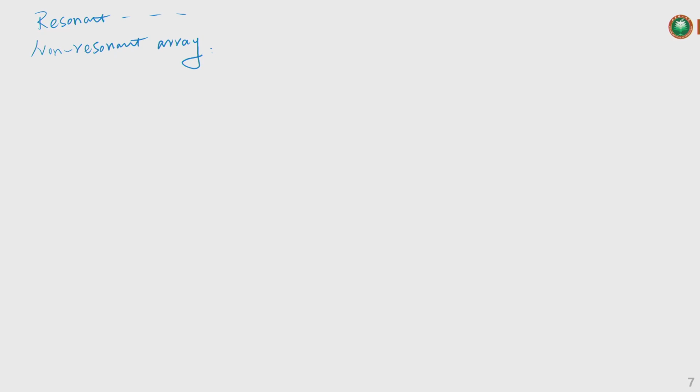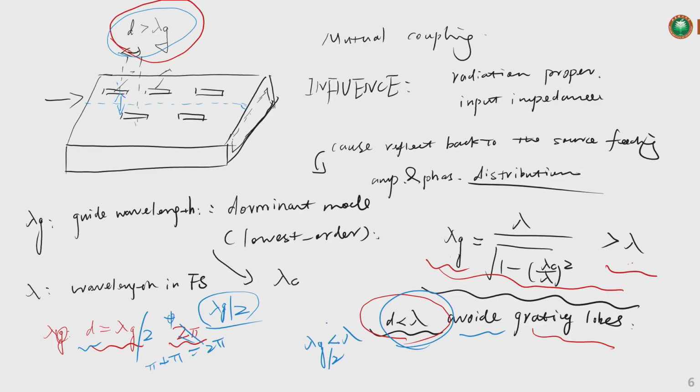For the resonant array, that means each element is in phase, like the previous one. So such a condition is a resonant array.